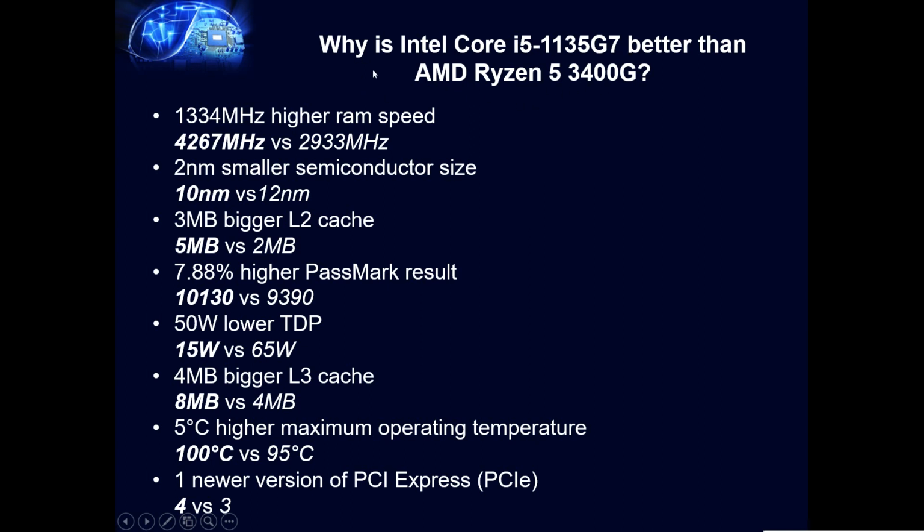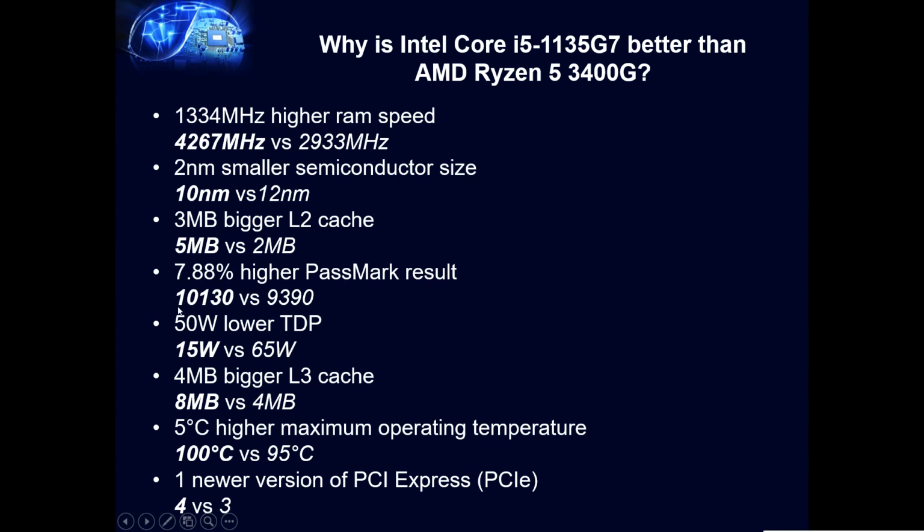So the question is, why is Intel Core i5-1135G7 better than AMD Ryzen 5 3400G? 1334 MHz higher RAM speed, Intel Core i5 having 4267 MHz and Ryzen 5 having only 2933. 2 nanometer smaller semiconductor size, with Core i5 having 10 and Ryzen 5 having 12. 3 MB bigger L2 cache, Core i5 having 5 MB, the Ryzen 5 having 2 MB.